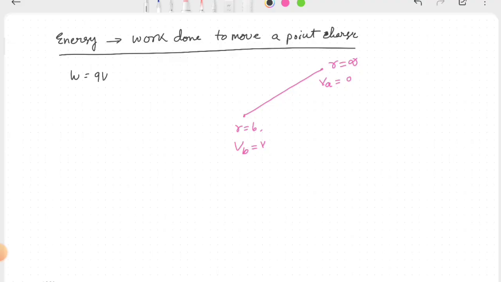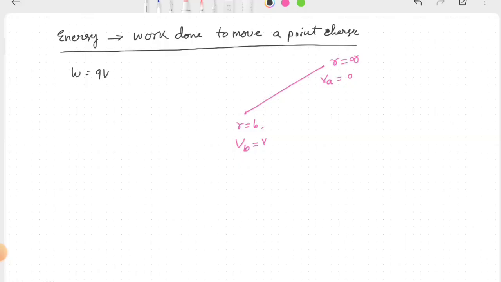So here, if we want to move a point charge from a finite point to another finite point, then what happens actually?